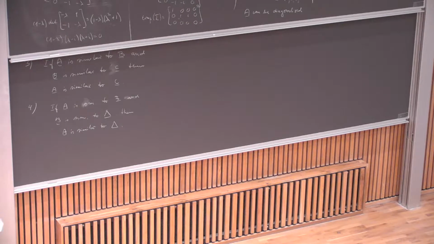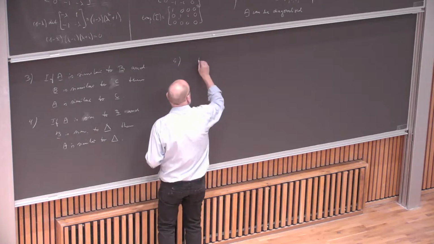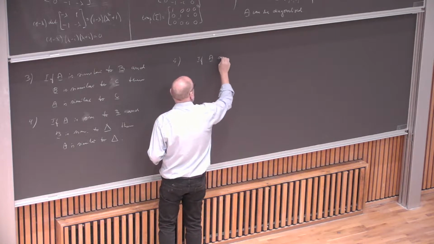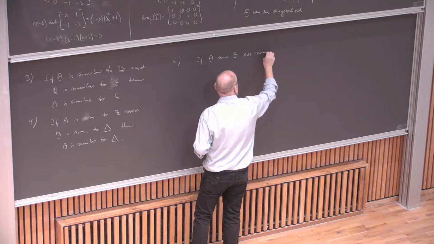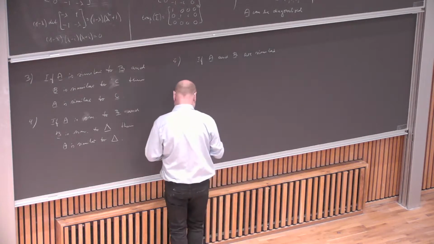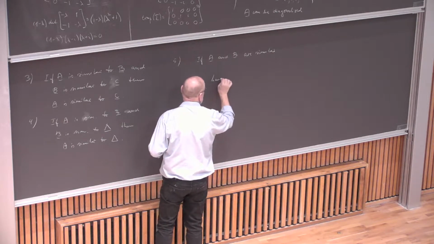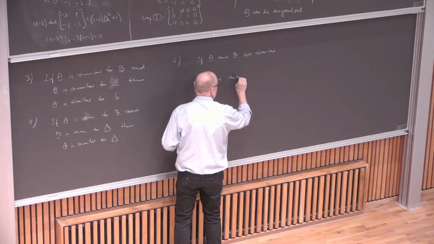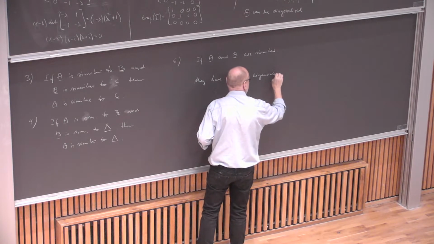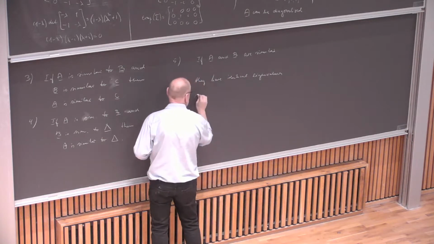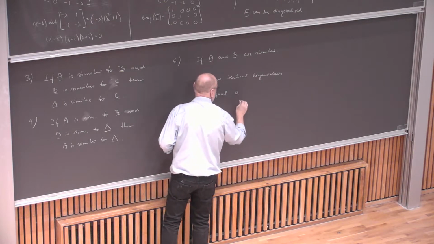And now the final one. Take it here. If A and B are similar, they have identical eigenvalues with equal algebraic multiplicity.